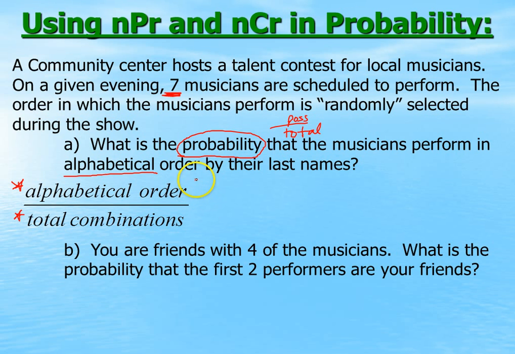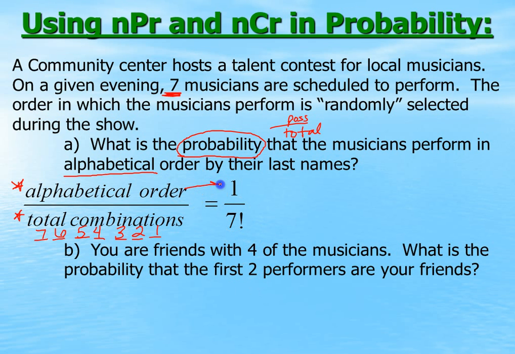On the bottom, if I have 7 people, how many different combinations can I order them with? 1, 2, 3, 4, 5, 6, 7. How many people could go first? 7. How many people could go second? 6. How many people could go next? 5, then 4, then 3, then 2, then 1. So what's an easy way to figure out our total combinations? 7 factorial.